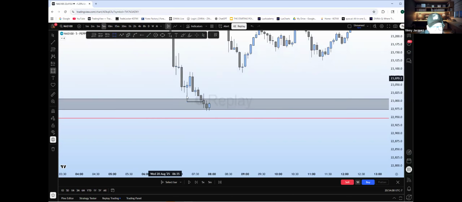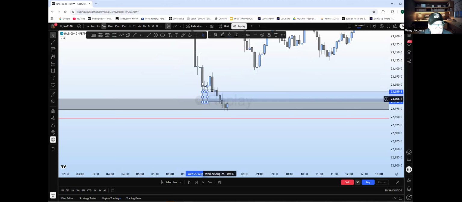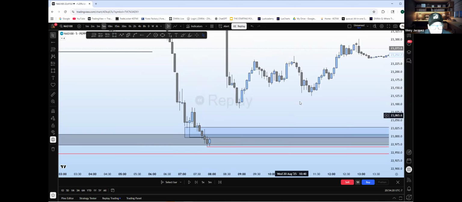Let's see. That's my lowest wick. Now my closest body point is going to be this blue candle here. So we'll just keep that blue. My stop loss for that is technically this new low.